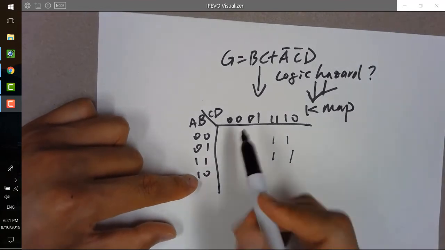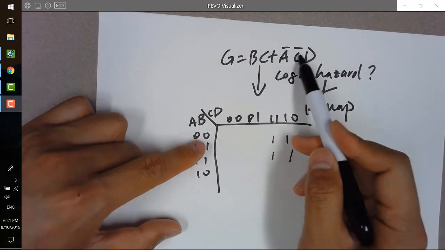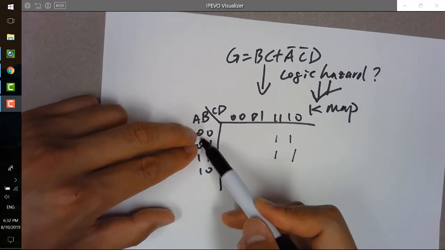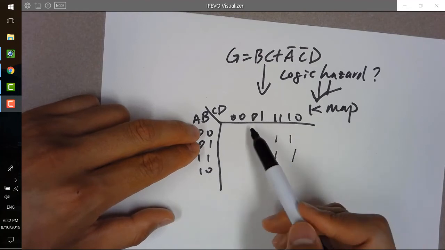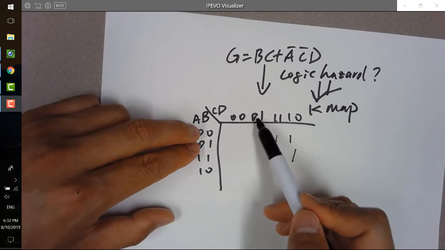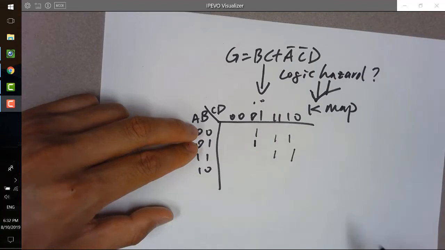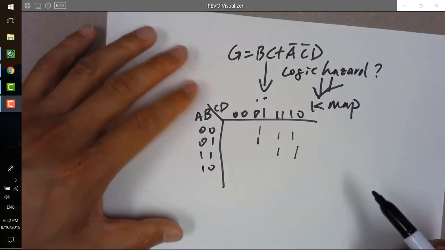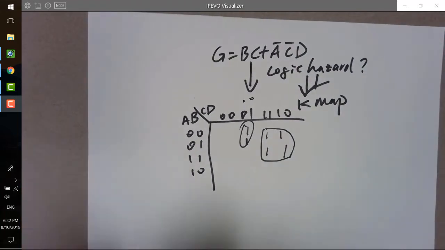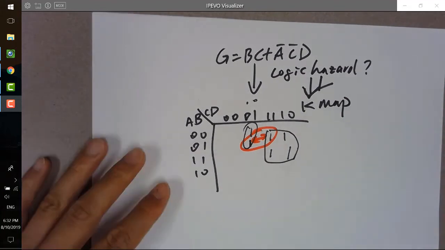There's no problem with it. And then we need another term which has A bar C bar D to be 1 at the same time. So it has to be these 2 rows, and C bar D. And so there are these 2 ones. And we group them, and you find out the hazard. So here's a static 1 hazard, and you want to fix it by grouping these 2.